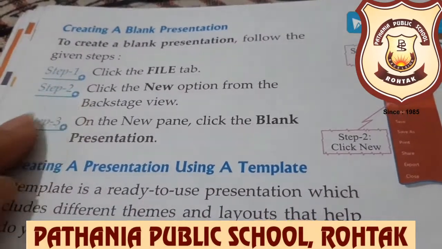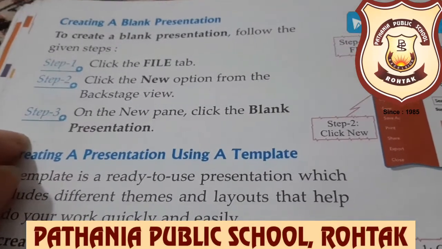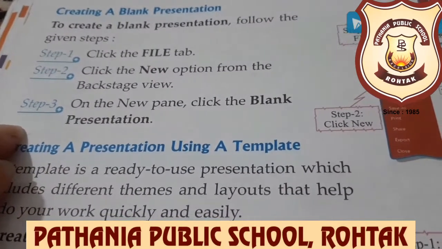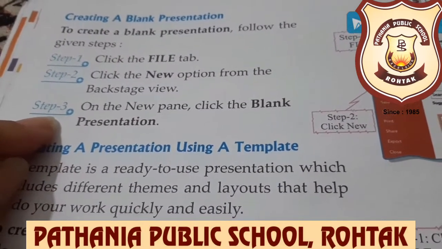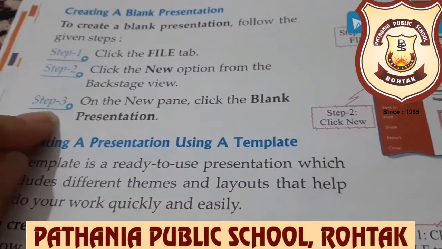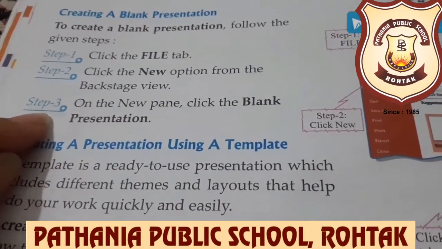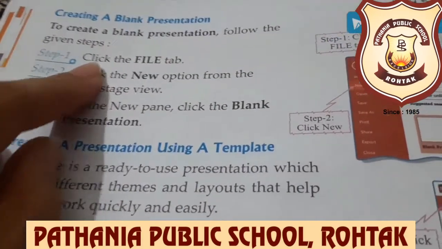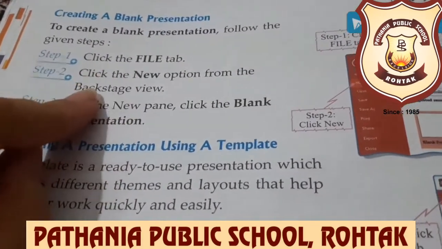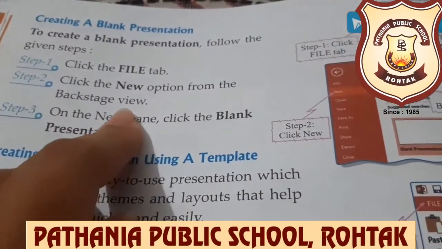See beta, these are the steps written in your book to show you how to create a blank presentation. But in the next live session, I am going to tell you how to create a presentation practically. So at present we are going to read the steps. First of all, click the File tab. After that, click the New option from the backstage view.